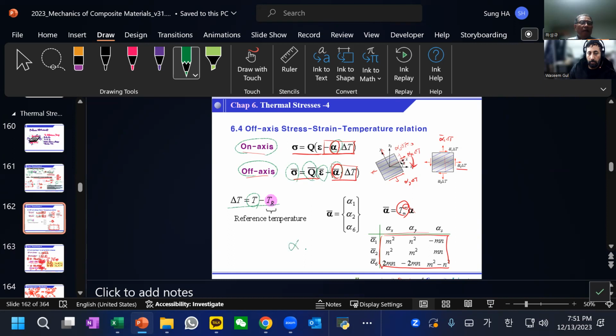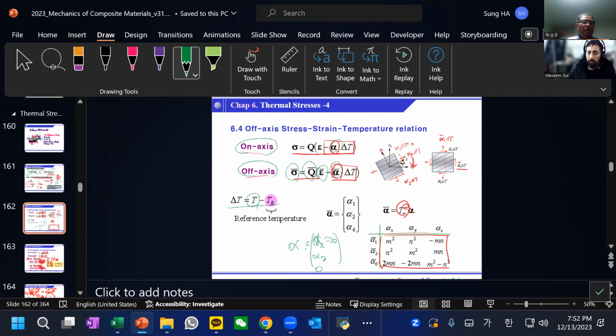Again, the on-axis values were alpha X and alpha Y, but alpha S was 0. And for carbon, this is a very small amount. But a small amount doesn't mean it's negligible, because the stiffness in the fiber direction is also very high, so a small strain may cause a lot of force.